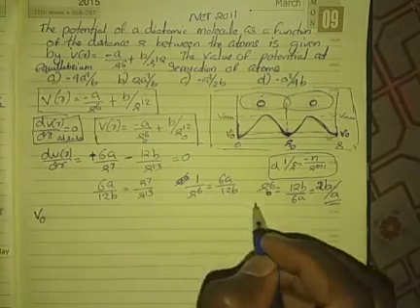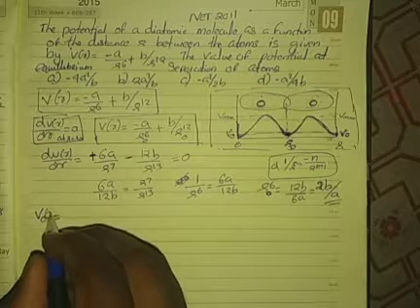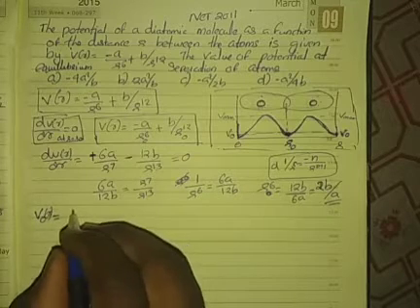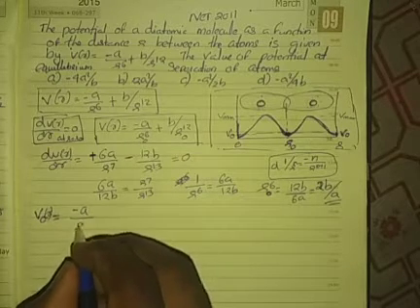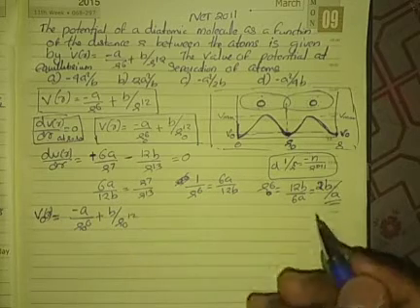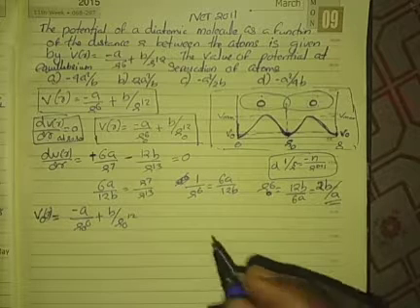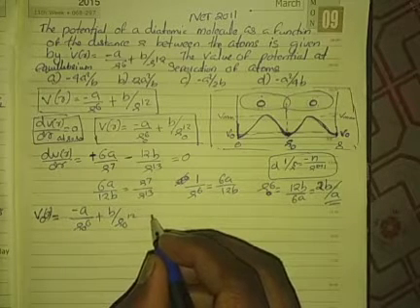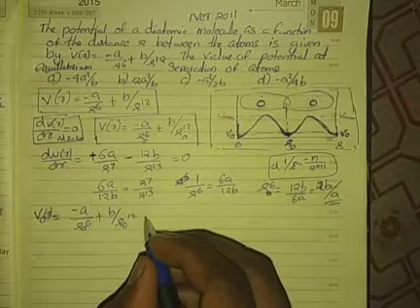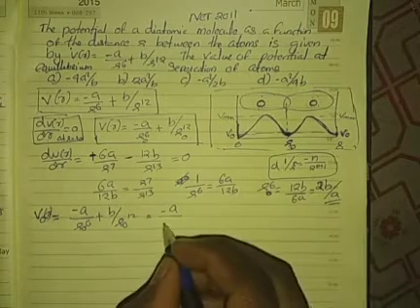Here all r is equal to r0. So V0, that is the equilibrium potential, must be equal to minus a by r0 raised to 6 plus b by r0 raised to 12. I'm just writing it there.